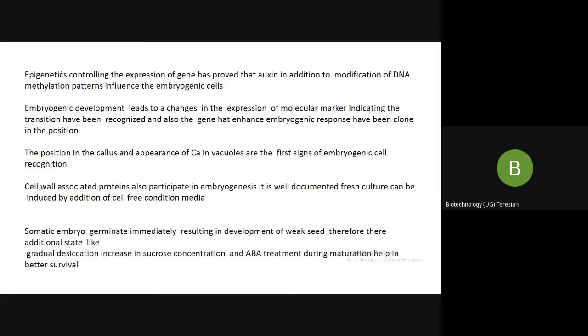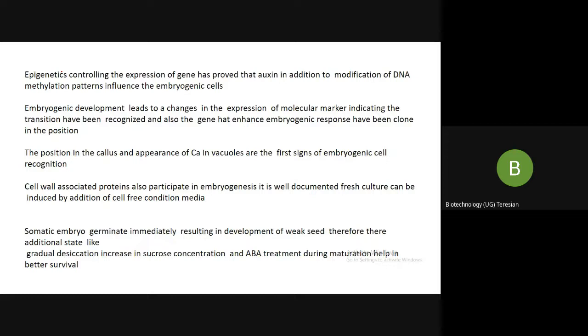So, what is this epigenetics? Why is it controlling the genes? What do you mean by that? Epigenetics is the study of how your behavior and environment can cause change and affect the way you grow. That is known as epigenetics.